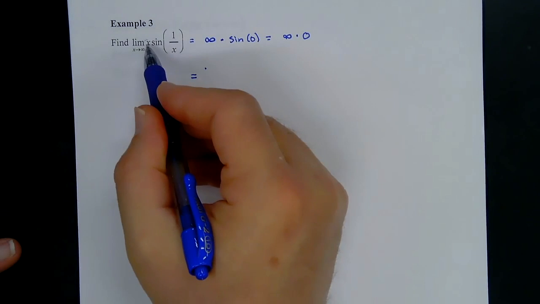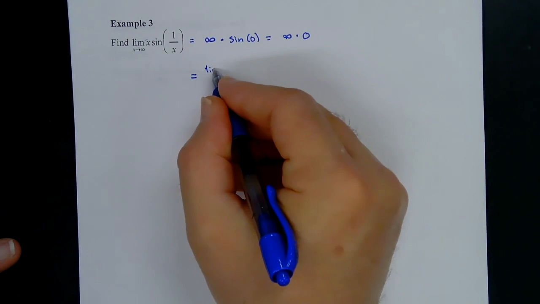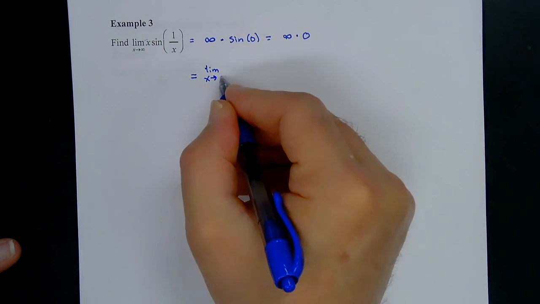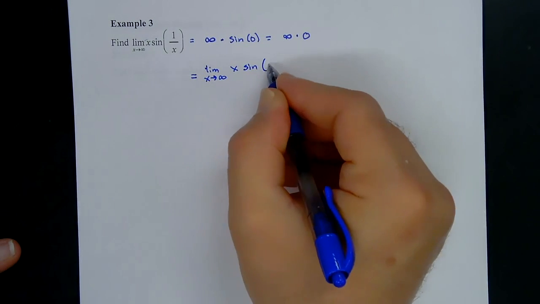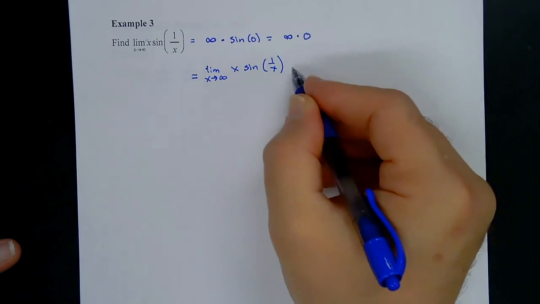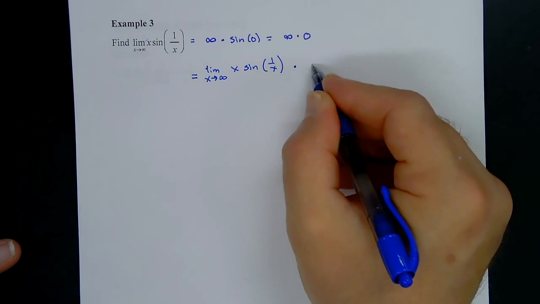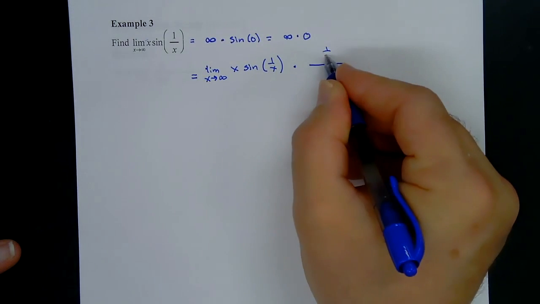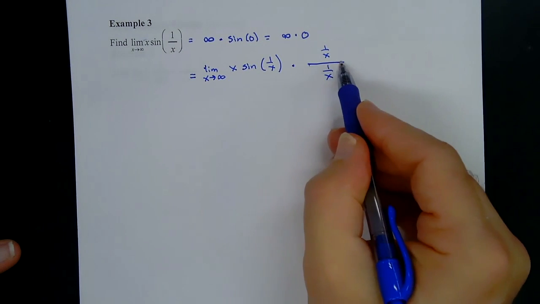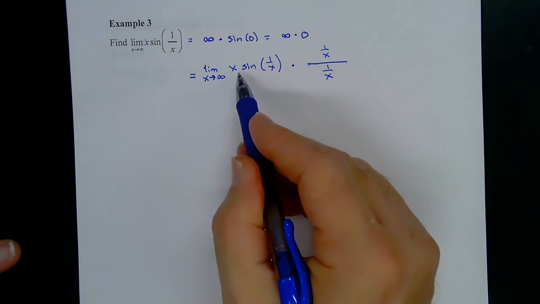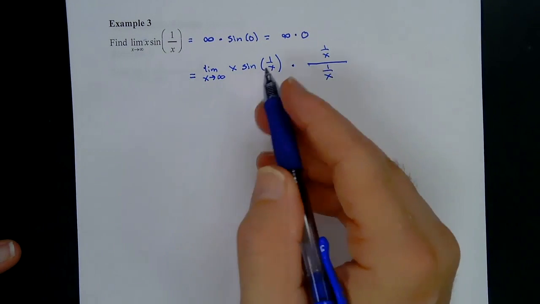So what I'm going to do is take the limit as x approaches infinity of x sine of 1 over x. And the version of 1 that I'm going to multiply by is 1 over x over 1 over x. Main fraction bar right there. Because when I go to multiply this, this is going to become 1, right?